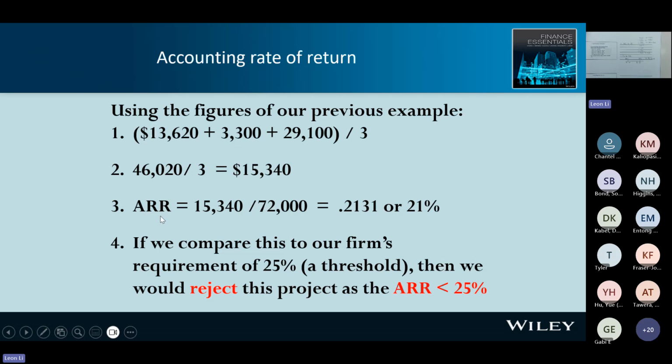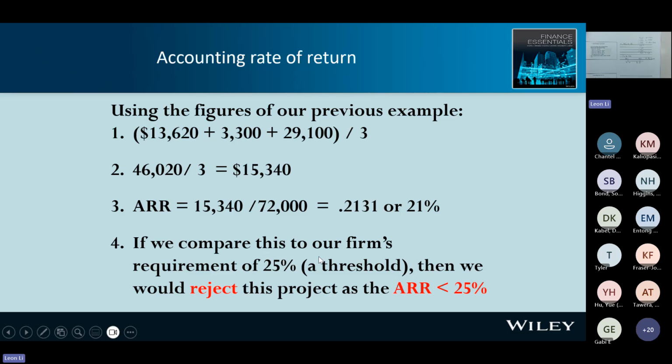And our ARR, accounting rate of return, is average accounting income divided by book value. And this is a number. Right? So you can see, easy, right? Being easy is good, right? So if we have this number, next we compare this number to our firm's requirement.